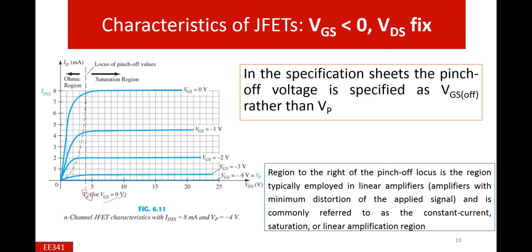But in this case we are talking about the variation of VGS with negative values for n channel JFETs, with fixed values of VDS.